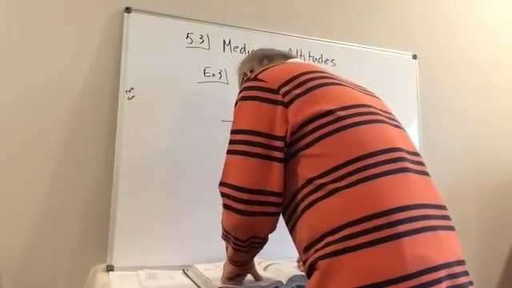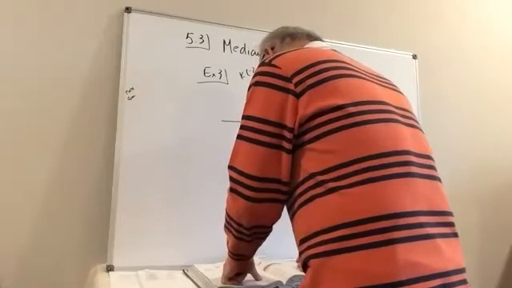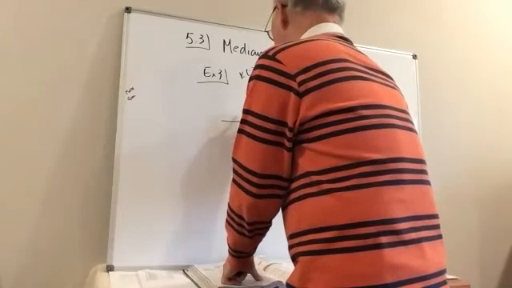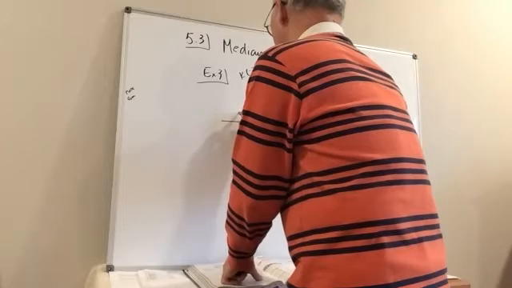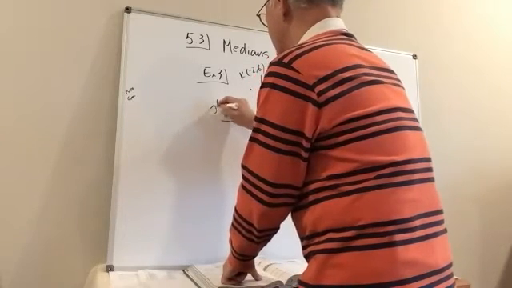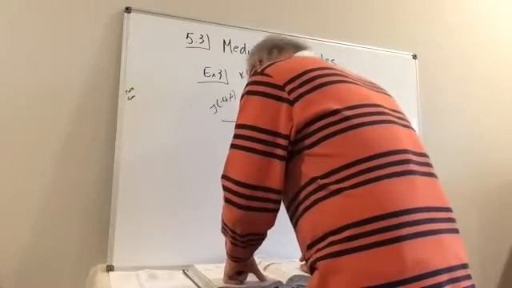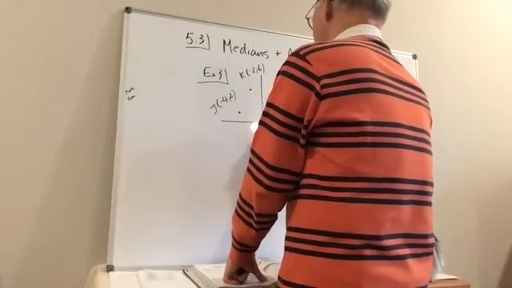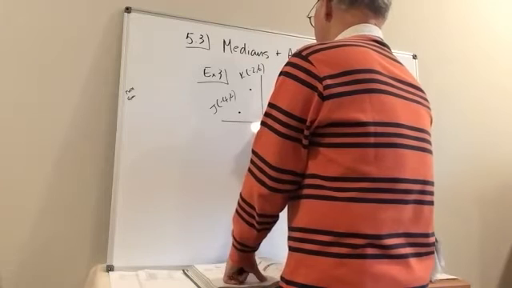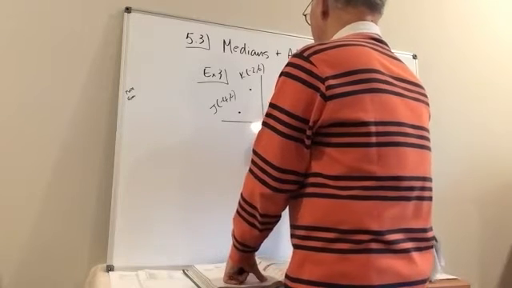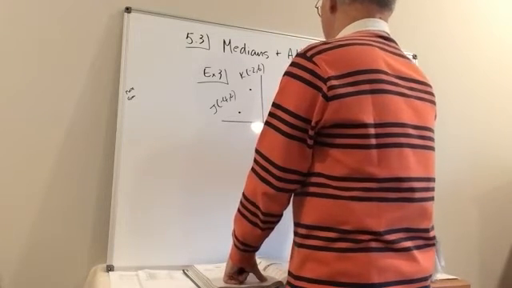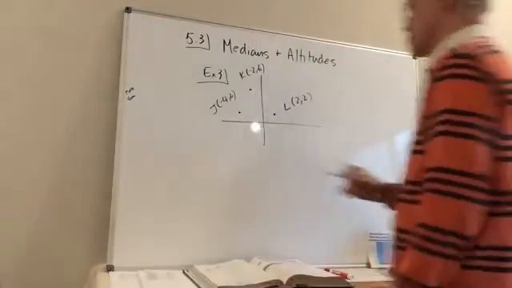And then we have J, which is (-4, 2). Then we have L, which is (2, 2). So here, this is L, (2, 2). Okay, so we have a triangle here.